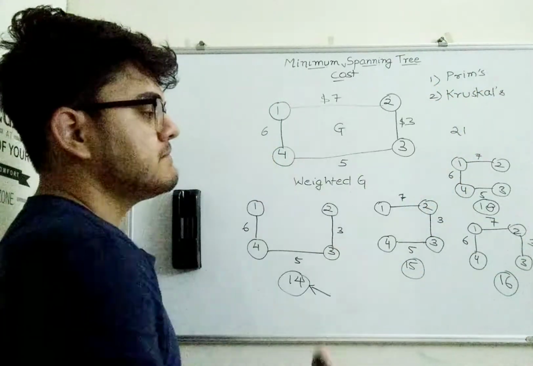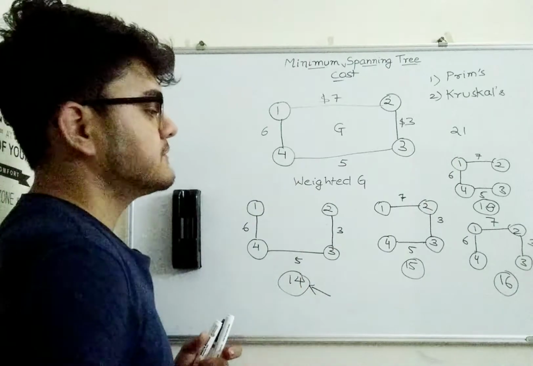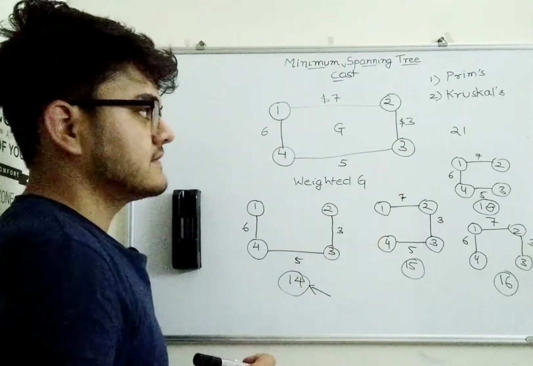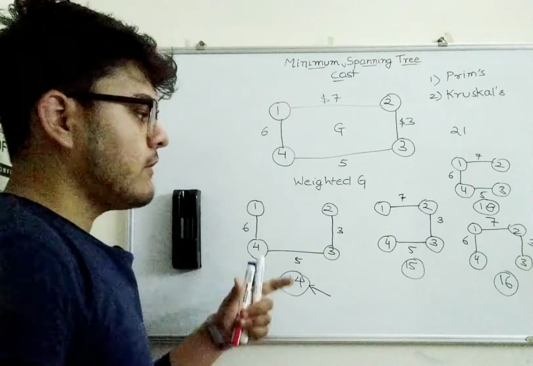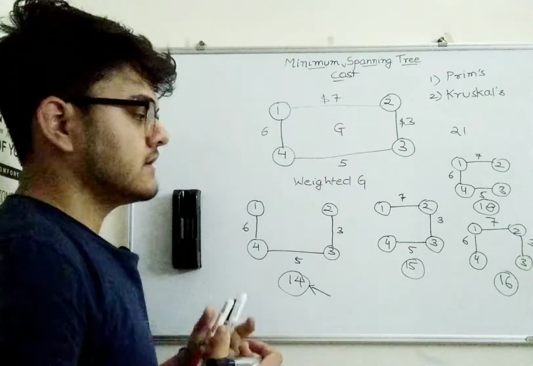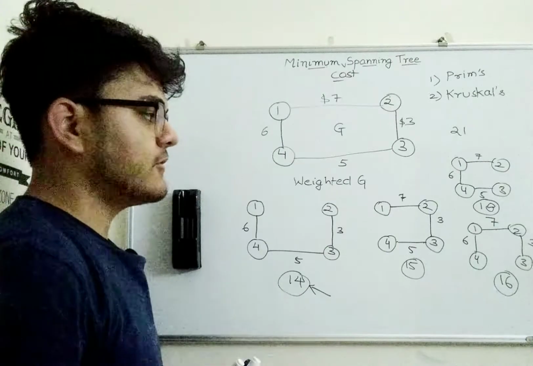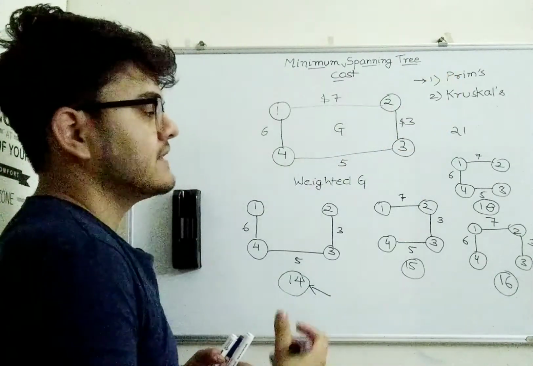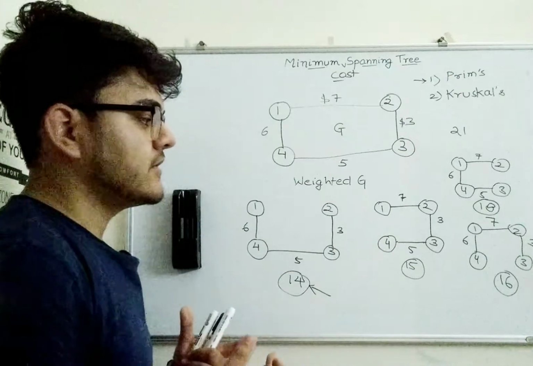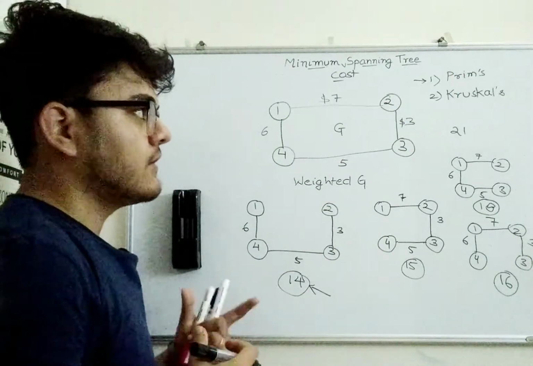These two are very important algorithms to learn in minimum spanning tree, and we will discuss them. So now we know what a minimum cost spanning tree is, and obviously these two will use the greedy approach. That's why Prim's algorithm is much similar to Dijkstra's algorithm for shortest path.